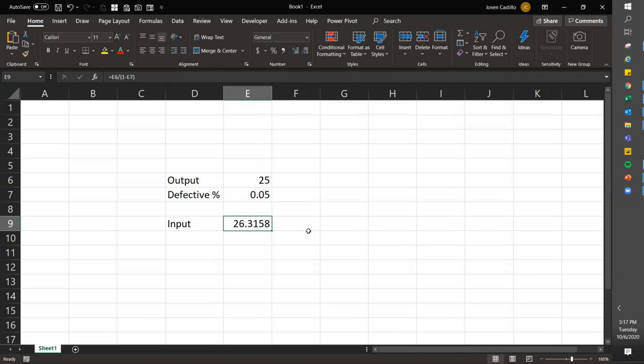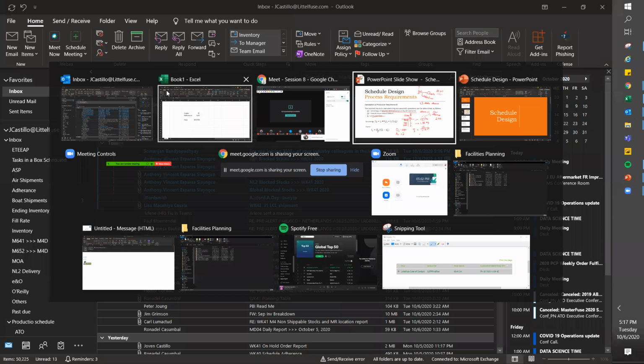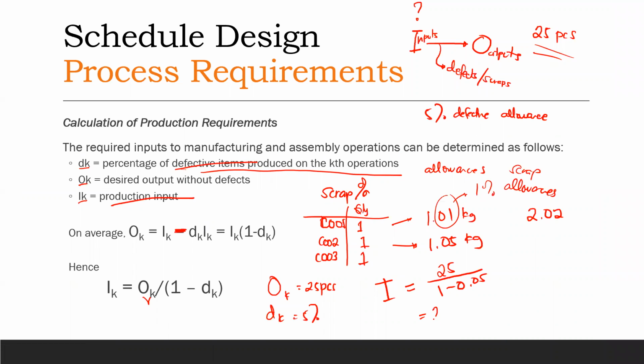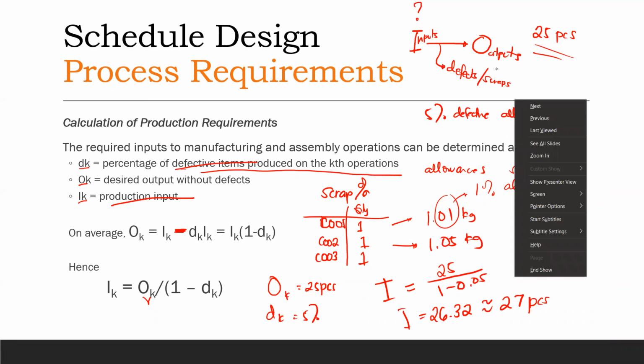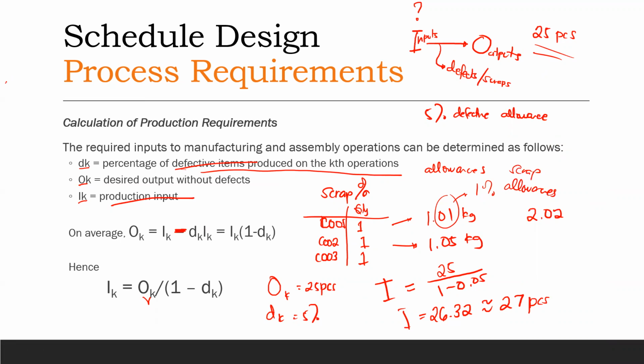So ibig sabihin, kailangan ko pala po ng 26.32 pieces. Or pwede nating approximate, kailangan ko ng 27 pieces. Okay. So 27 pieces yung sinalang ko, ang output natin magre-result lang tayo sa 25 pieces. Ibig sabihin, yung 2 pieces dyan ay possibly scrap.